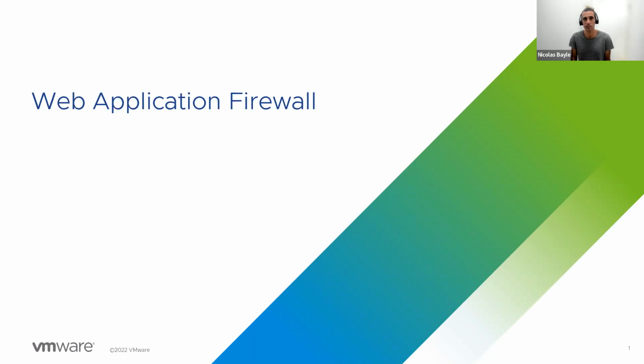It's HTTP, but is it a proper HTTP, or is it some bogus or wrong request that is being sent to your application? For all those use cases, you need to add another level of security. And this is why we introduce the web application firewall.